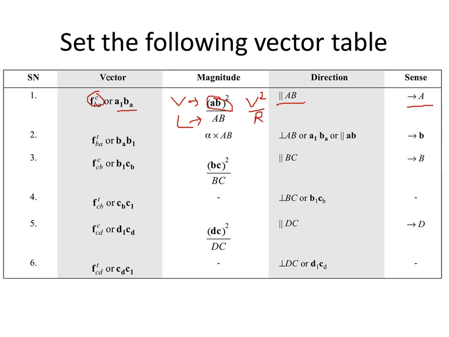Then FTBA, this is the tangential component. The tangential component BA to B1 you use with respect to angular acceleration. The tangential part is alpha into AB, angular acceleration multiplied by the length of the link AB.